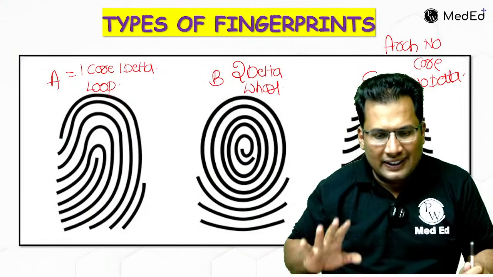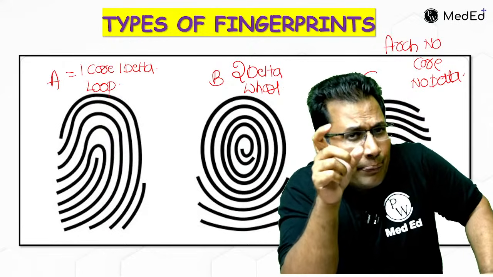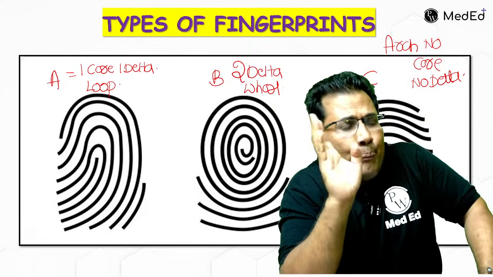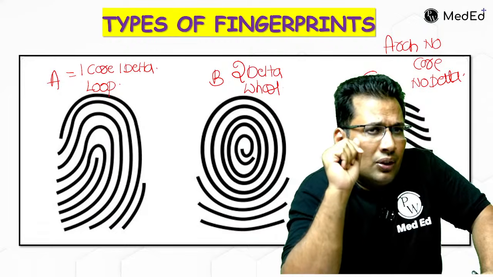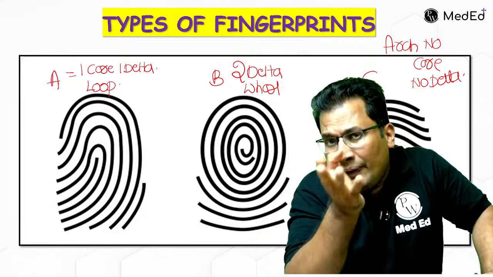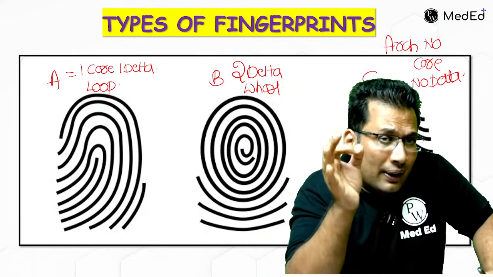So 4 types we discussed. Next question: if partial fingerprints are there in the crime scene, murder case, rape case, then you can use poroscopy. Poroscopy is the study of pores: the size of pore, distance between the pores, number of pores per millimeter area. It was first explained by Locard.